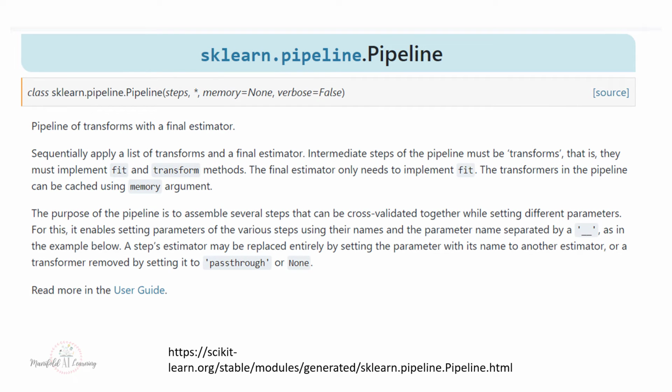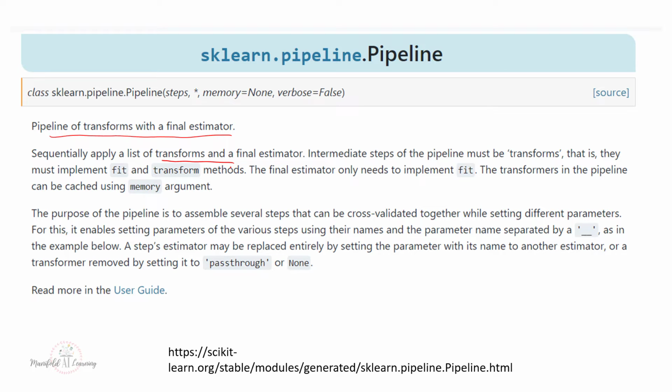Now, this is the screenshot of the official documentation of Sklearn pipeline. What this does is create a pipeline of transforms with a final estimator. It helps me to apply a list of transformers and a final estimator.